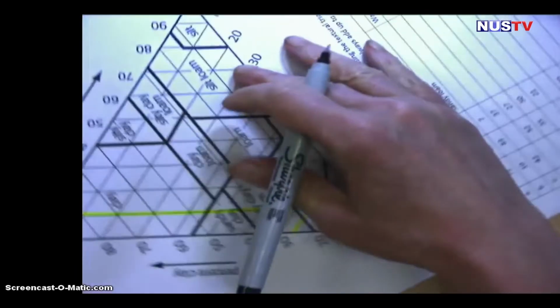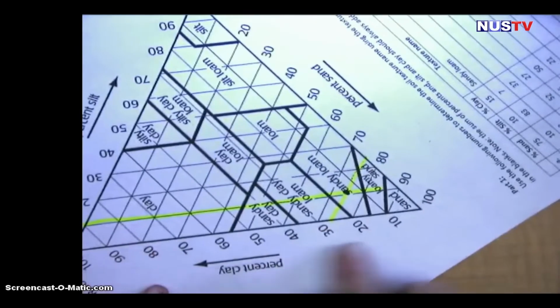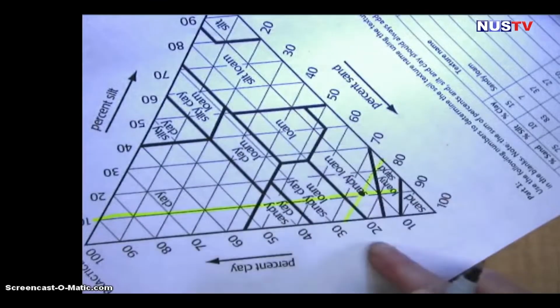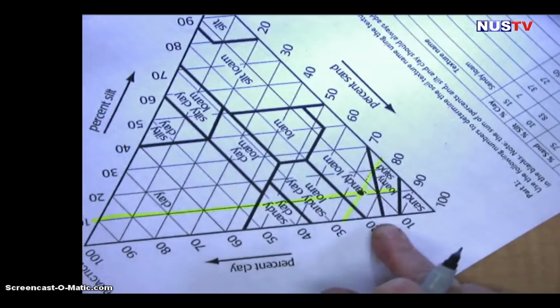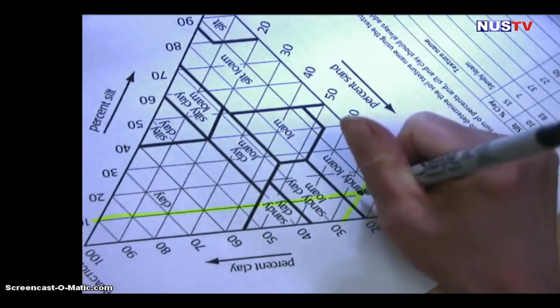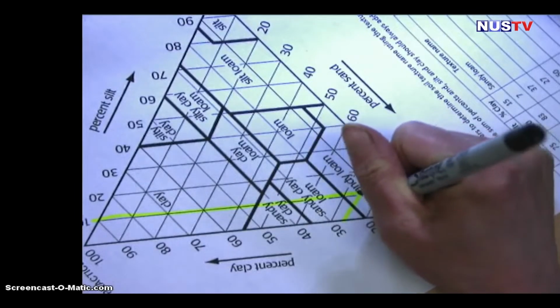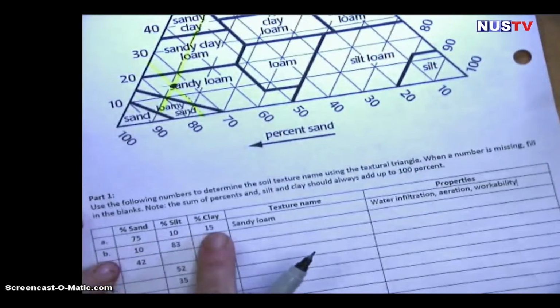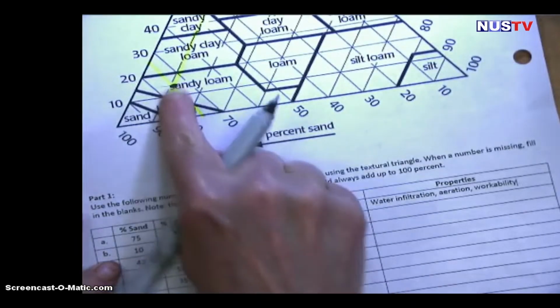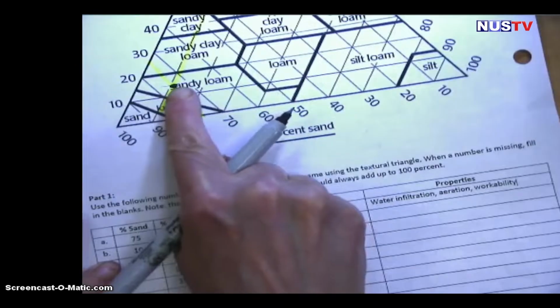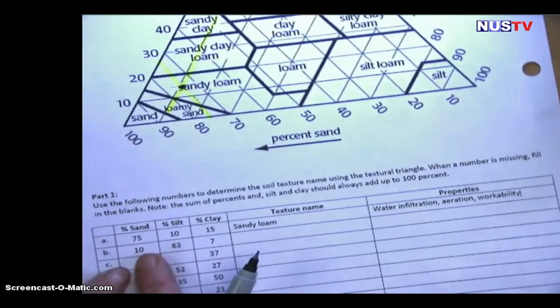So if we go to clay, you want to turn it to the clay side. All of this is 10%, 20%, etc. So it looks like between 10 and 20 is 15%. It's 15% clay. And indeed, that was 15% clay. So that's where we got sandy loam here. So let's do the second one together.